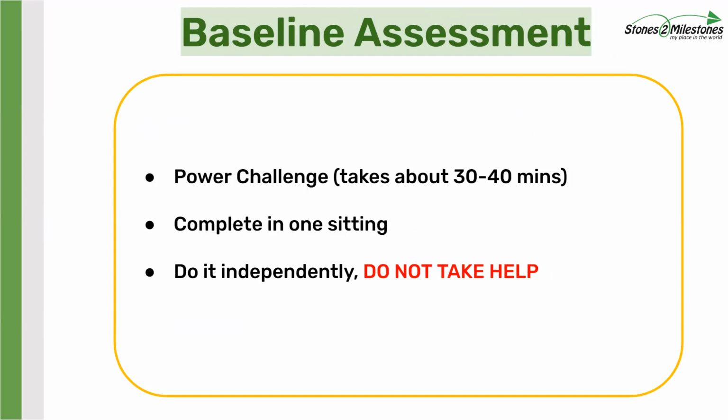Okay. And most importantly, you need to do it independently. So don't take any sort of help, either from Google or from a colleague, because we know some language teachers especially may hesitate saying, I don't know English well. How do I take it up? No problem. Typically teachers' scores will lie between 400 all the way up to 1300 or 1400.